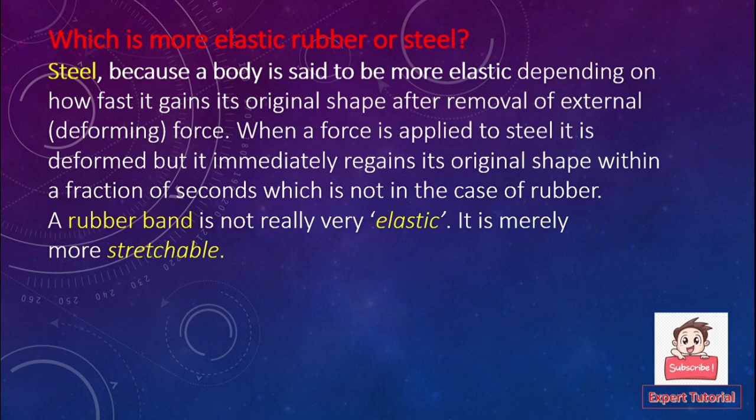So when a force is applied to steel, it is deformed, but it immediately regains its original shape within a fraction of seconds, which is not the case with rubber. Also, you have to apply more force in case of steel to elongate it. And that's why you can say the rubber band is not really very elastic, it is just a stretchable thing.